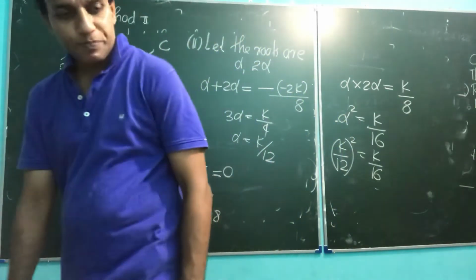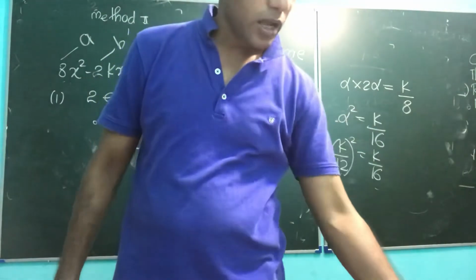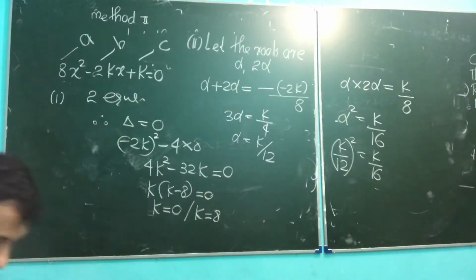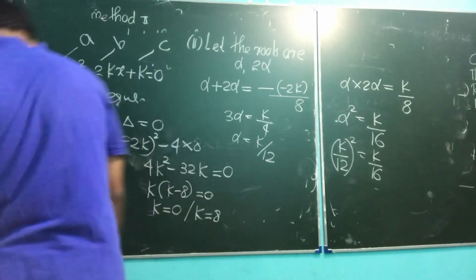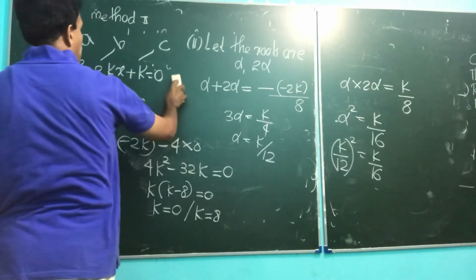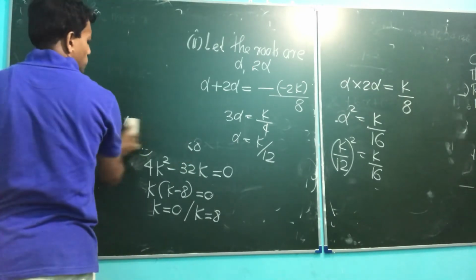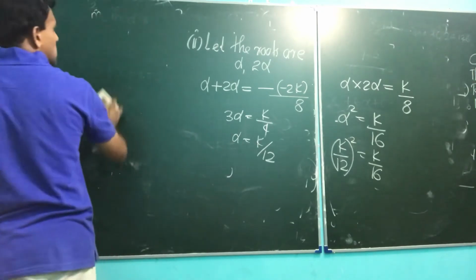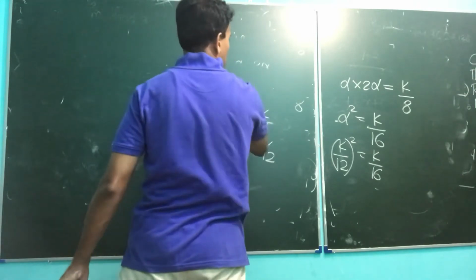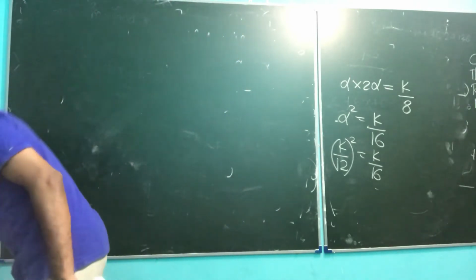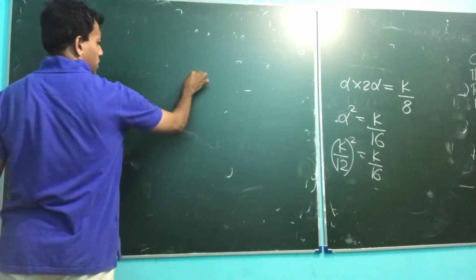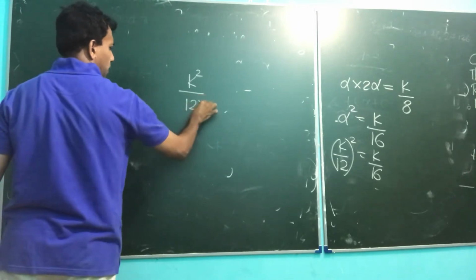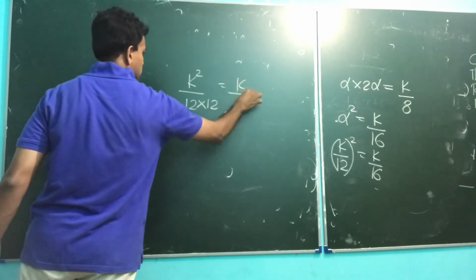That's like oral mathematics. That is a quadratic equation here. Then find the k answers, the suitable k values. k square over 12 square, or 12 times 12, equals k over 16.